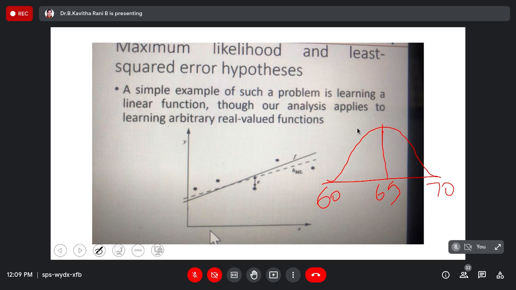So do you say all the people are having 65 years? అందరికి 65 ఉంటుందా? ఉండదు. No. So most of the population is falling in this range, that is 60 to 70. Whatever the range which is falling in between these, this is called probability density that we have to find. So this is the probability density of that particular function.